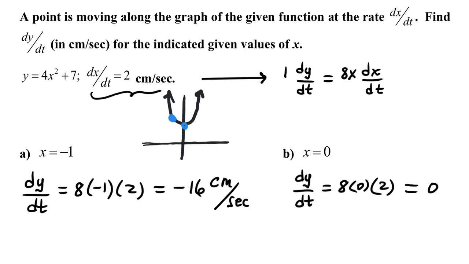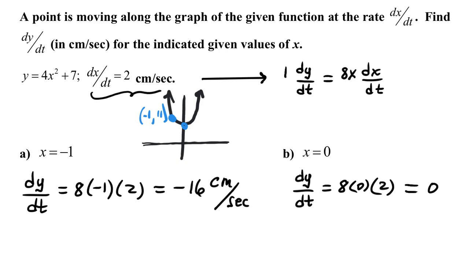This first blue dot where x is negative 1, if you plug negative 1 into your function, you get negative 1 squared times 4 plus 7, that's 11. So negative 1 and 11.